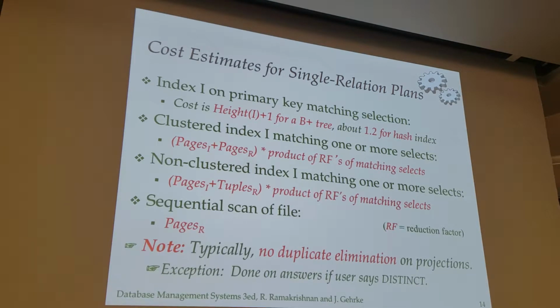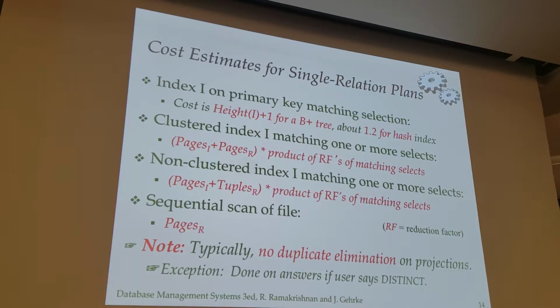And then for any one of the tuples you get to, if we assume that the tuple is not inside the buffer, then it's going to take a disk access to get that tuple unless you do the sort, and we're not showing you with the sort. So per the correction from last time, the correct thing should be pages sub I plus tuple sub R, because if you're using the non-clustered index without sorting, you're going to have to touch all the leaf pages of the index and then get all the tuples.